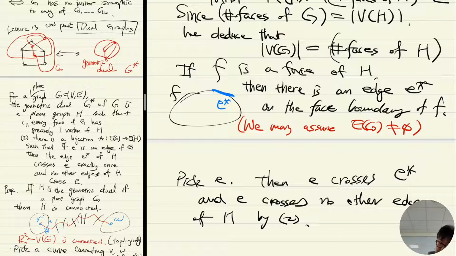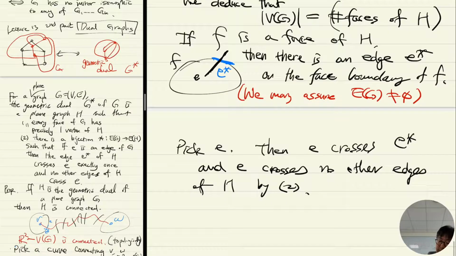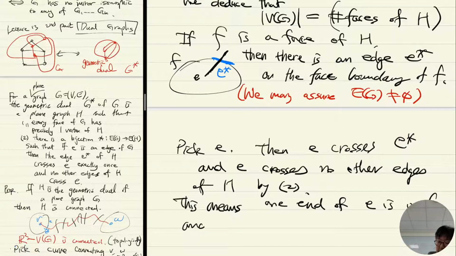So here is E. Now what does that mean? This means one end of E is in F and the other, I don't care about the other end. That means F has at least one vertex.